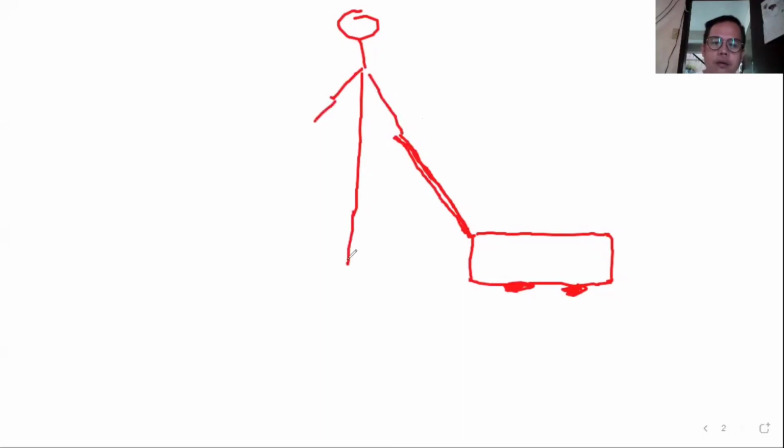And then there is the handle. Let's say, for example, there is a gardener. The gardener is actually pulling the lawnmower forward in this direction.